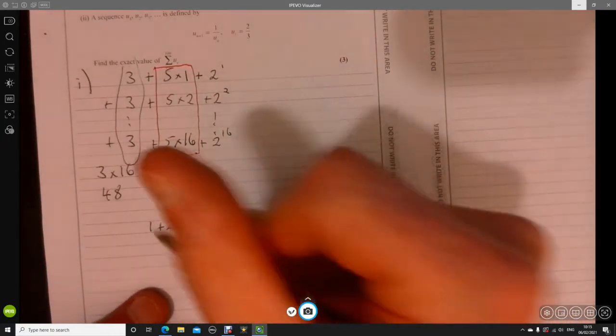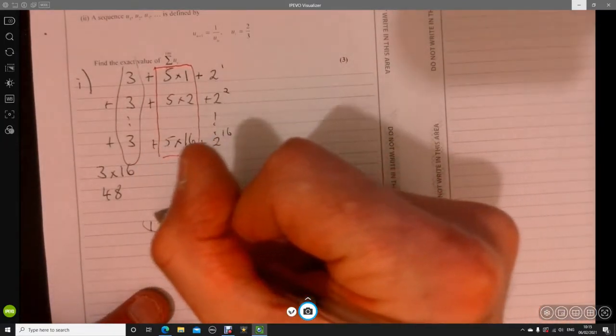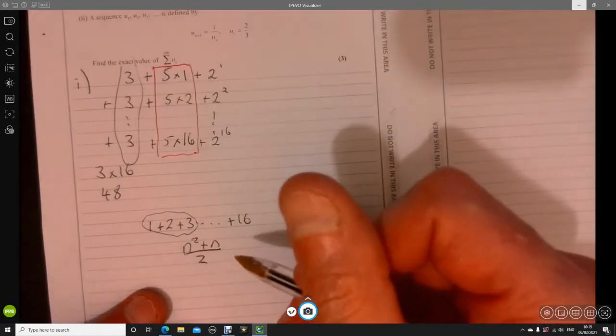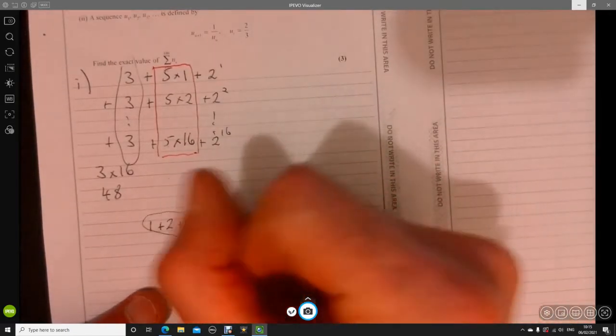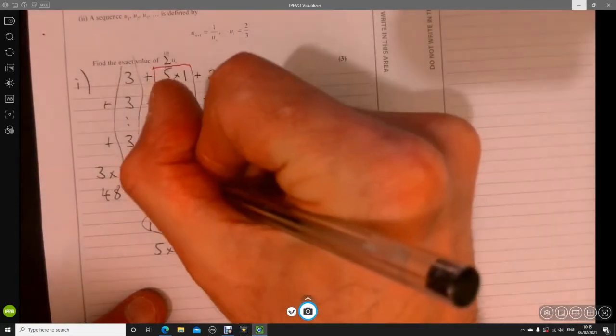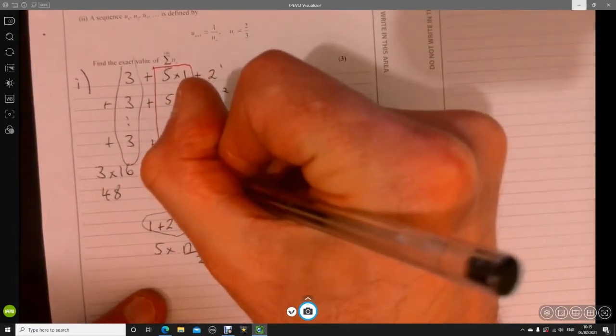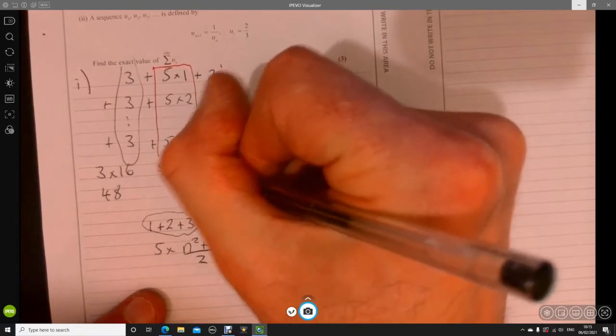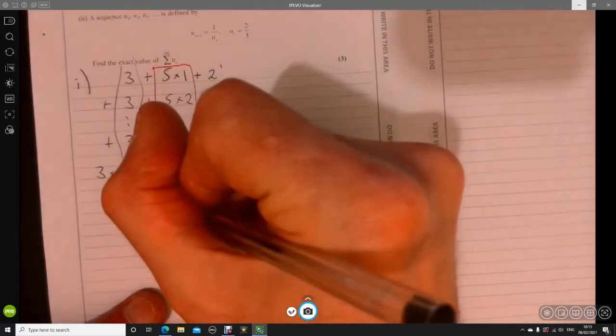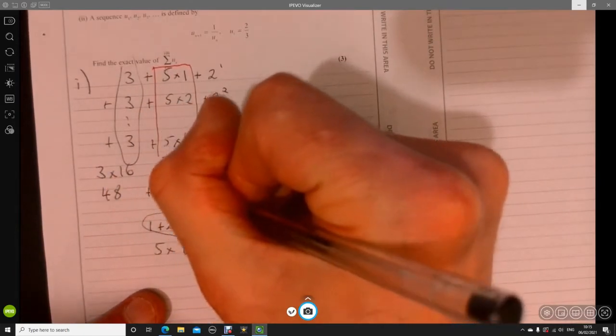Even if you can't remember that, you could just try it out with a few numbers. So obviously we've got to then multiply that by 5, haven't we? So you can have 5 multiplied by 16 squared plus 16, remember, over 2. So if you work that out, that comes out to be 680.